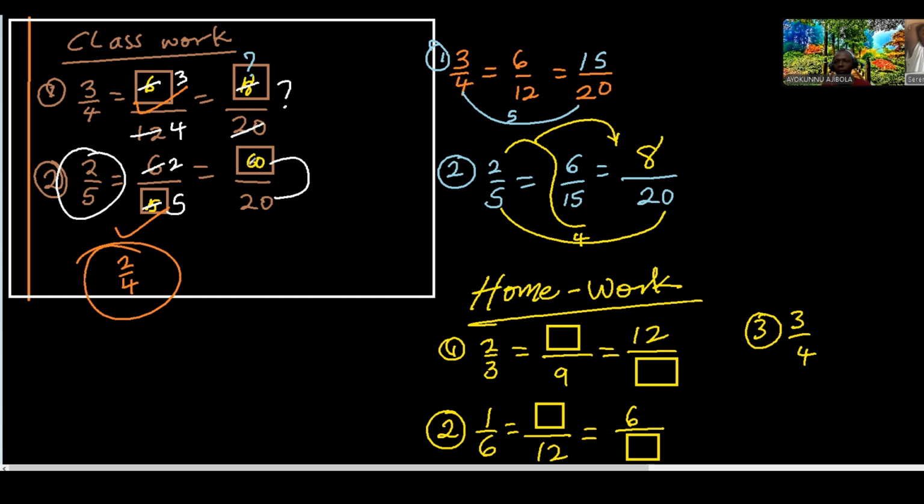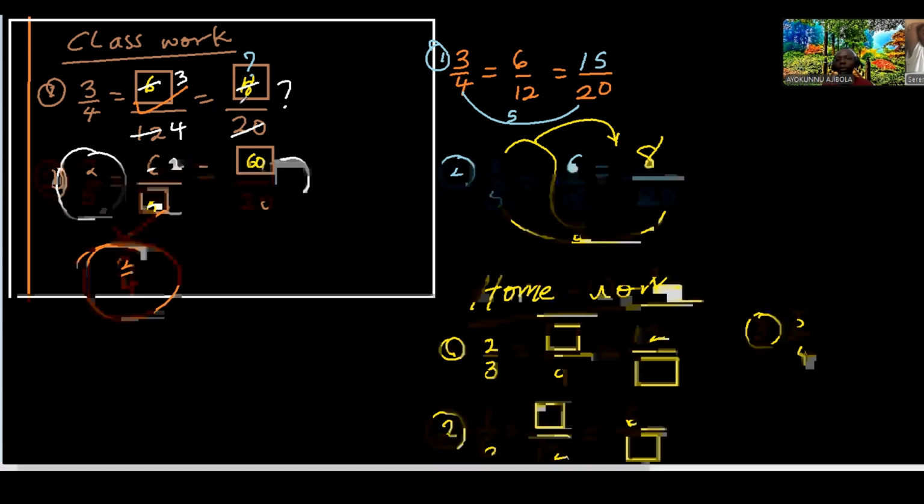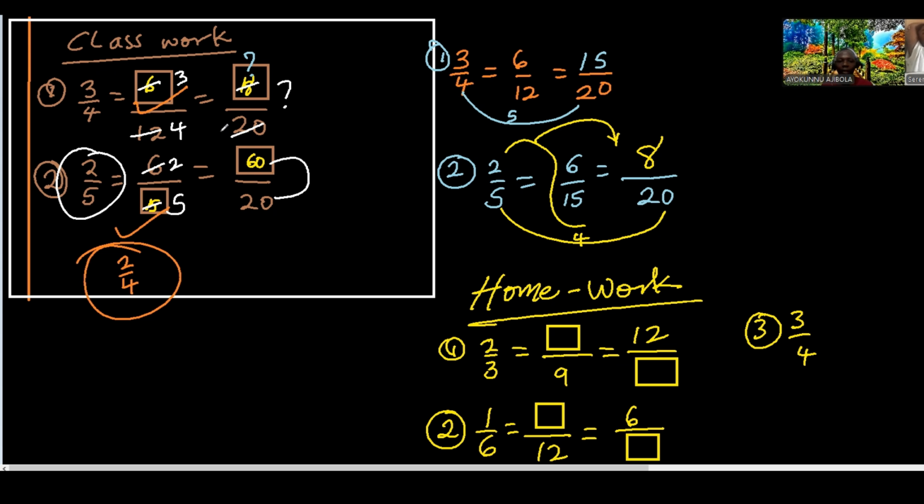Oh, hold on. I just looked at your classwork now. This first one should not be 6, okay? 4 times 3 gives 12, right? And 3 times 3 should give 9, okay?